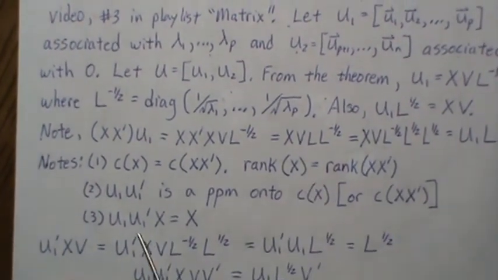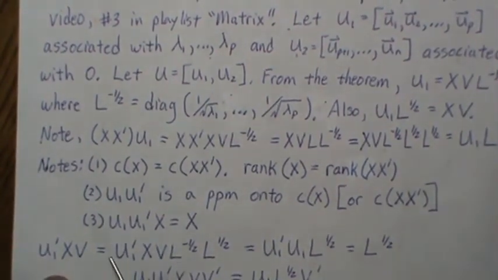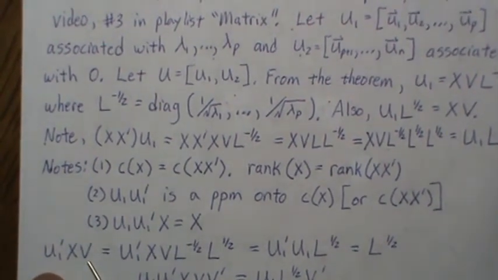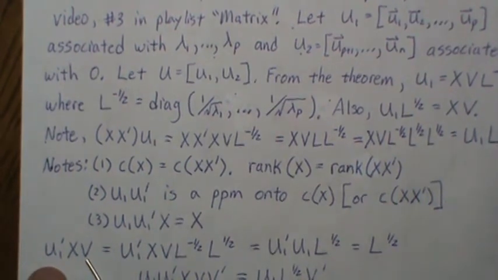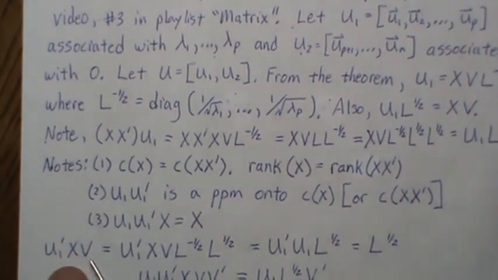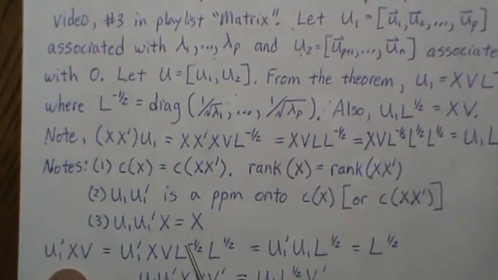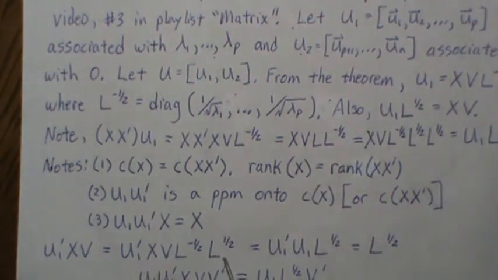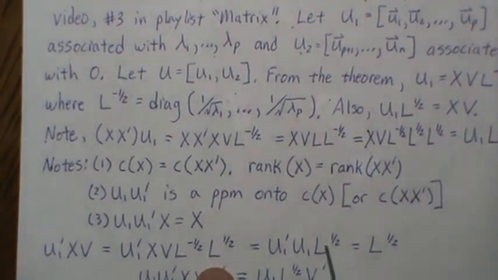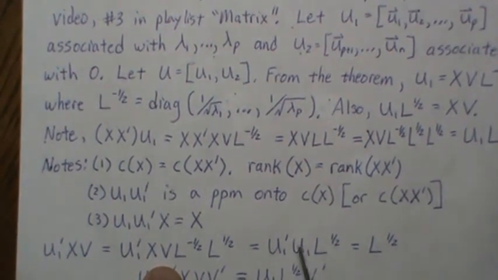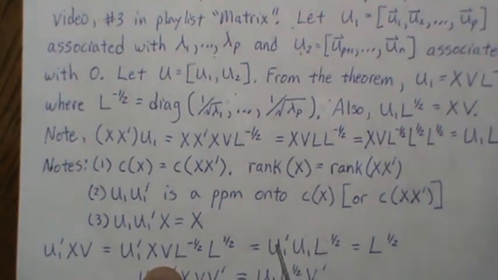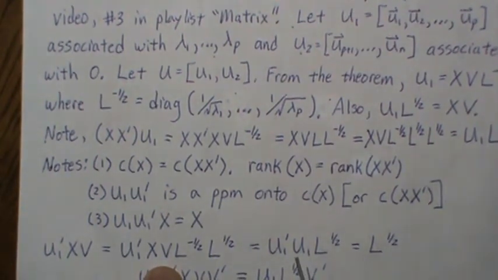So now let's derive the singular value decomposition. So we start out with X, V, and U1 prime. Then we post multiply by the identity matrix, which is this. Now, so this is L to the 1/2, we have that. And then U1 prime, and then this is U. But this is the identity matrix because these columns are orthonormal.